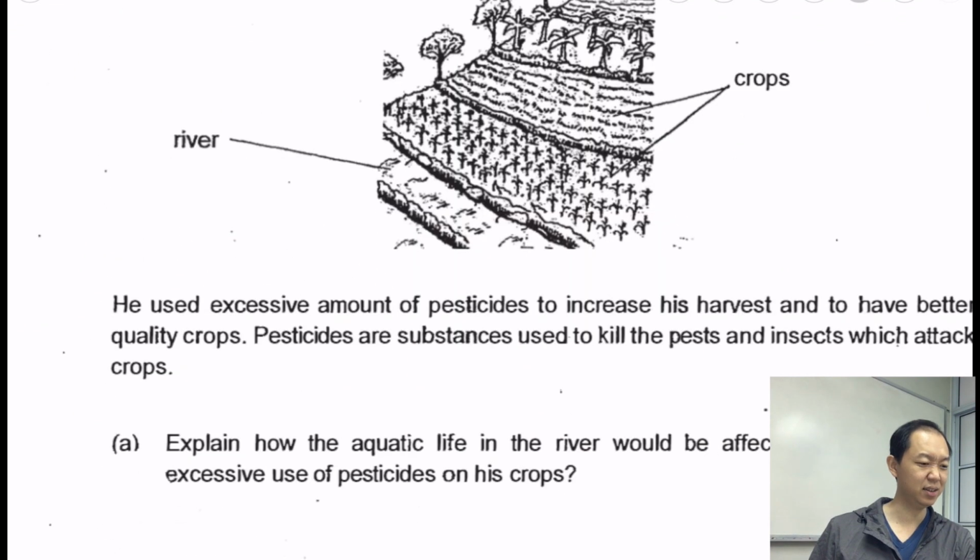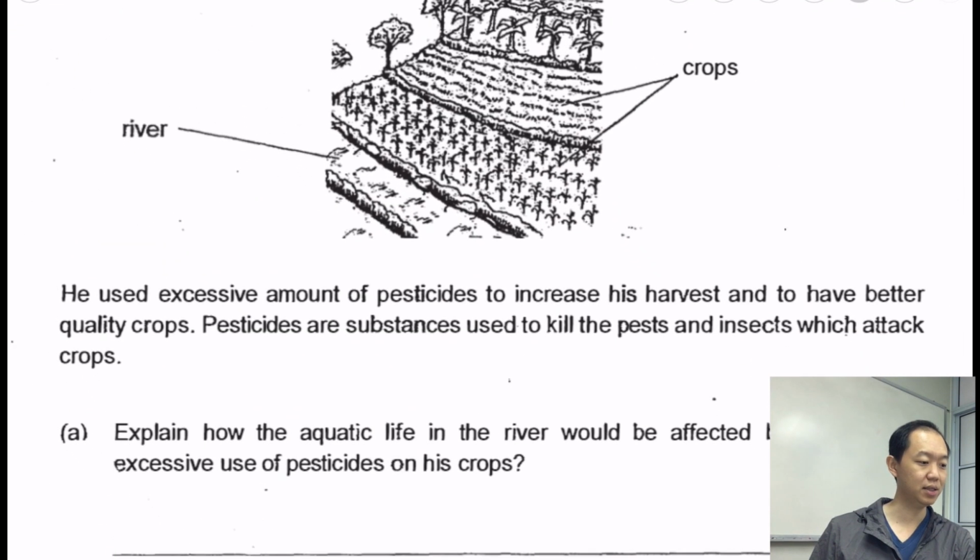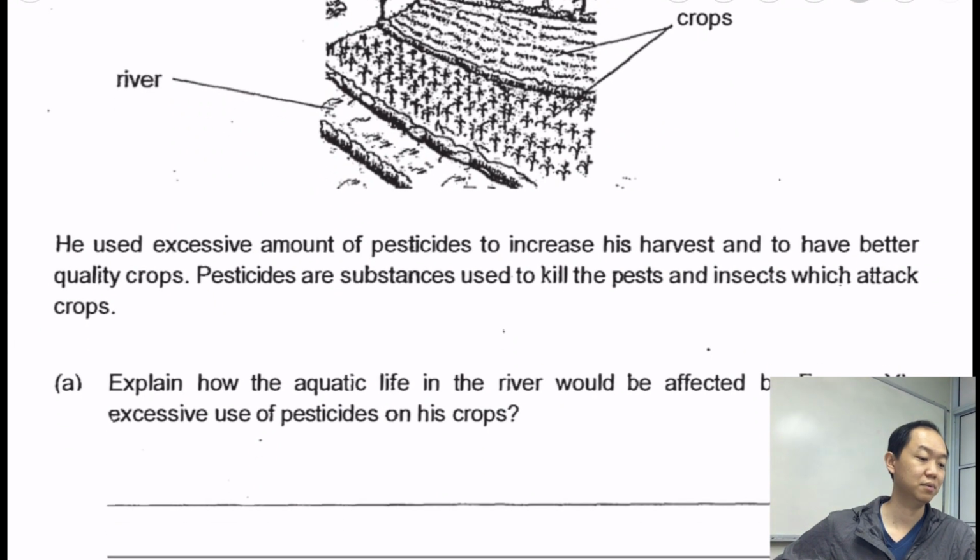Okay, next one. So you see, I like to jump straight to the question. Explain how the aquatic life in the river would be affected by the farmer's excessive use of pesticide. You see, when you use too much pesticide, what happens? So what is he trying to do?